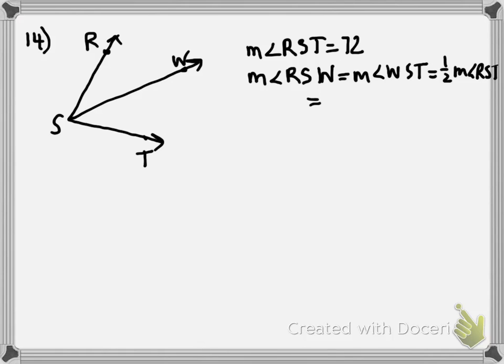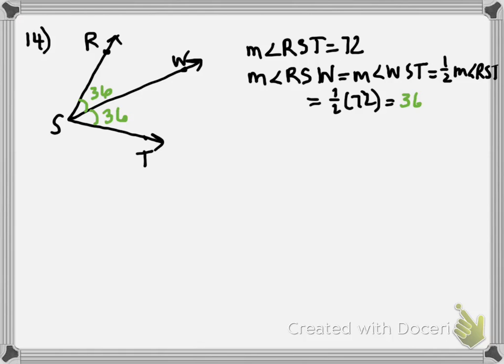So that's half of 72, which gives us 36. So each of these is 36. Okay.